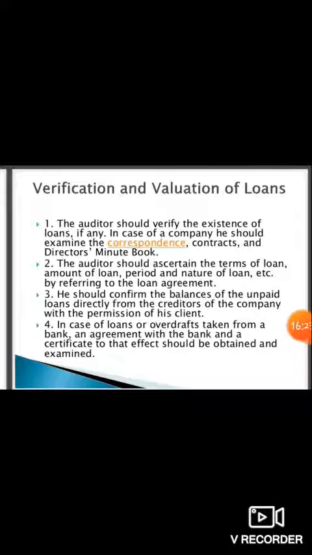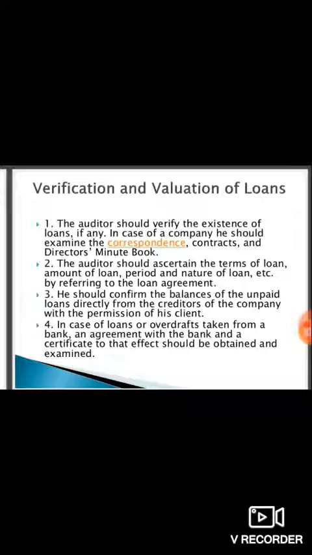Next is verification and valuation of loans. So the auditor should verify the existence of loans, if any. In case of a company, the auditor should examine the correspondence, contracts and directors minute book. So the loans are the main source for the company for financial assistance. So the auditor should be very careful when he is verifying and evaluating the loans.